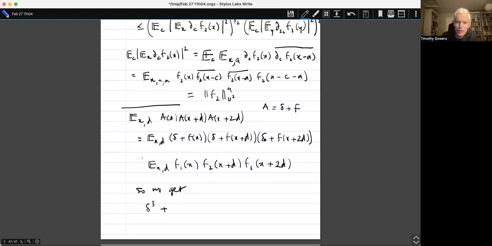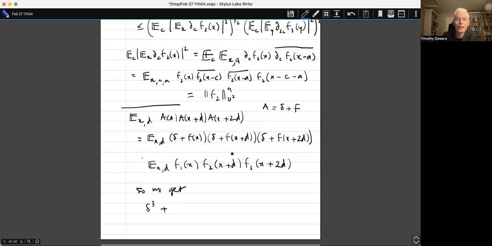Then I get delta times the average over x, d of f of x times f of x plus d, but x and x plus d range over all pairs, so that's the same as delta times the average of f of x times the average of f of y, and again it's 0. And the same thing for f of x and f of x plus 2d, because G has odd order, 2d is the same as d, and so pairs x and x plus 2d also range over the group uniformly. So again we get 0.